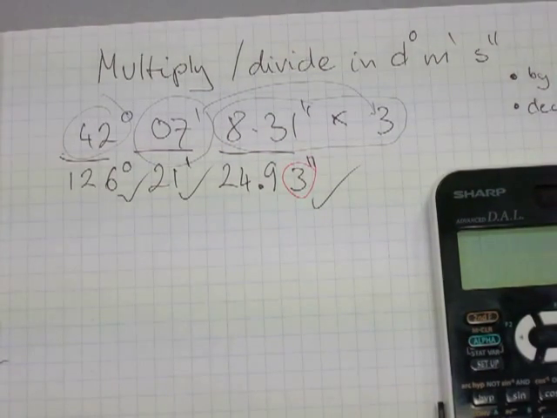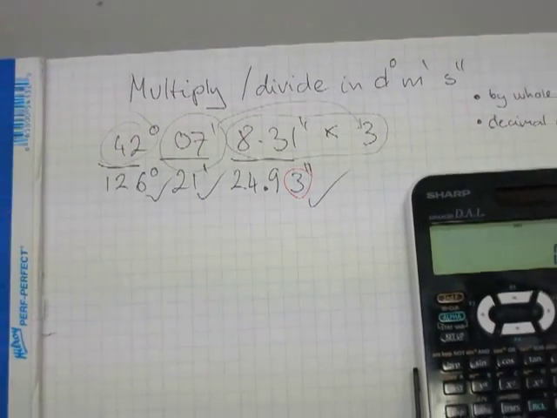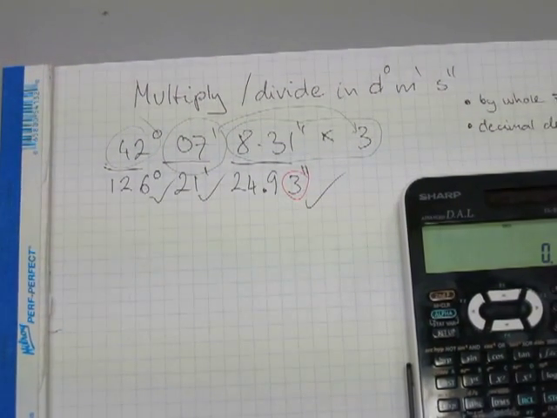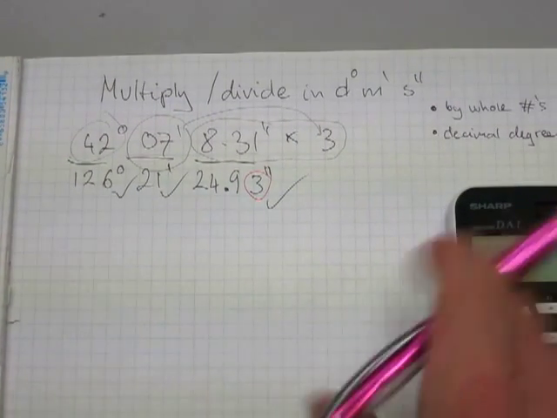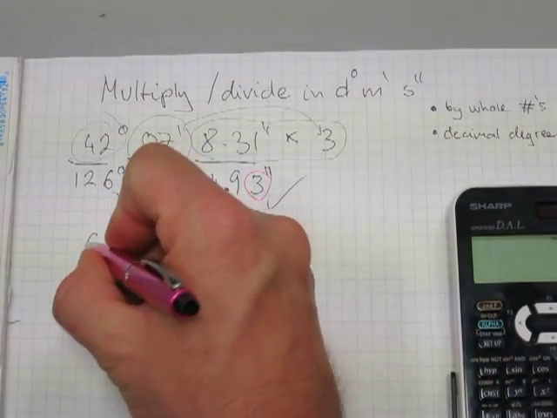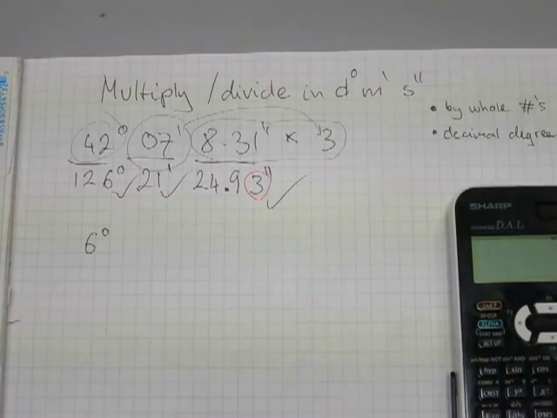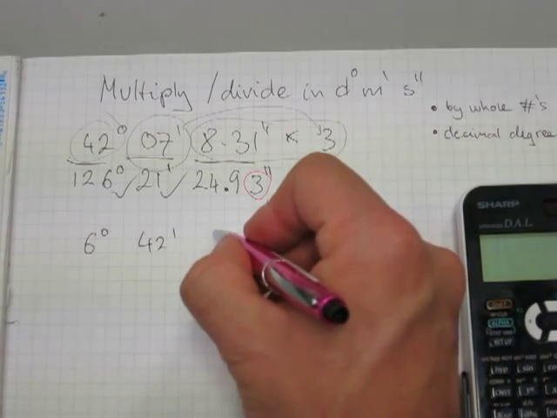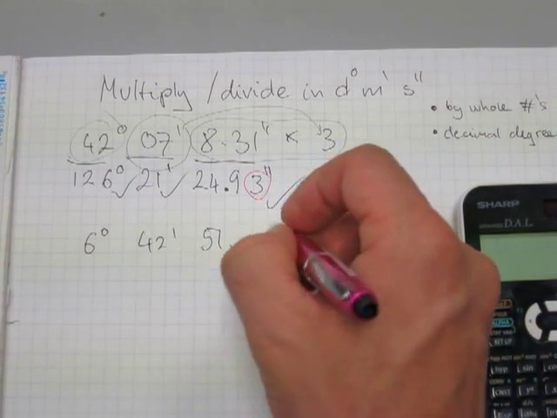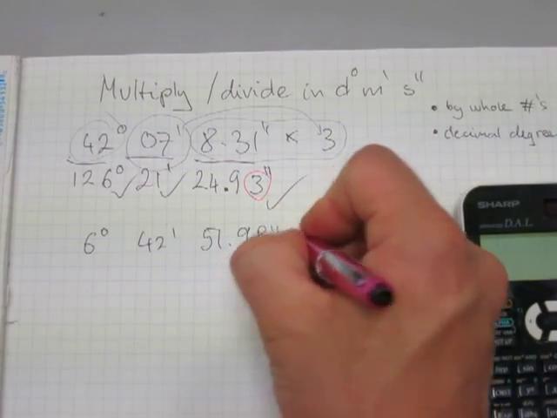Now let's look at a multiplication problem that would need trading up. Let's see, say a skinny slice like a 6 degrees, 42 minutes and 51.98 seconds.